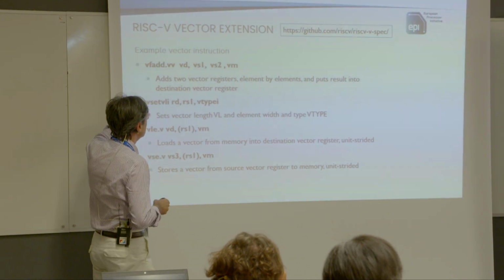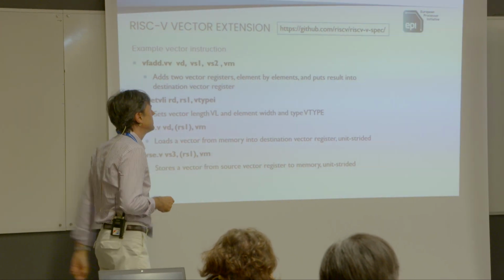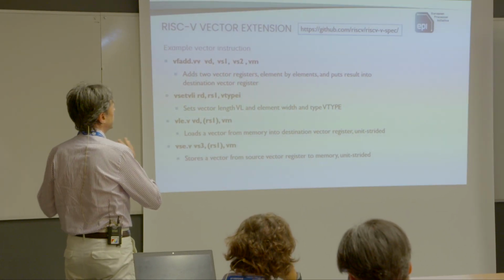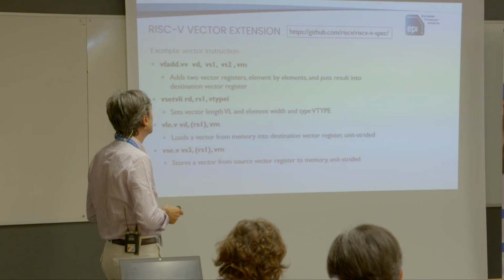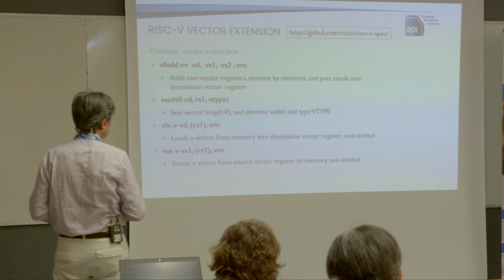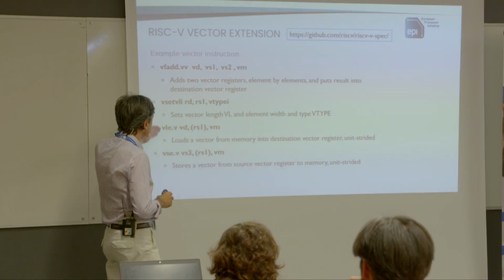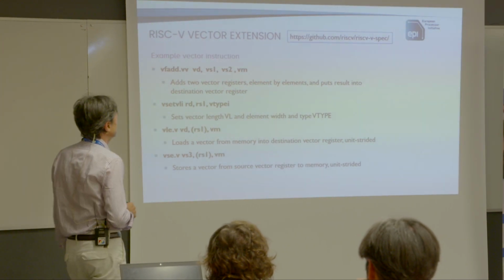This is a control instruction that is setting the V-type register. In particular, it sets the length of the vectors of the vector operations to be used and the size of the elements, the V-type. These are two examples of load and store operations.